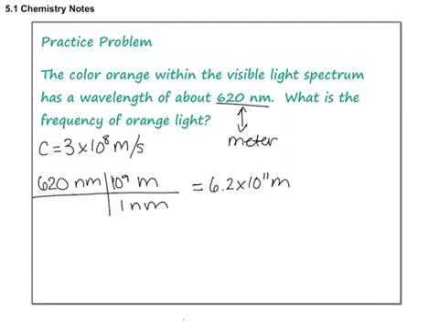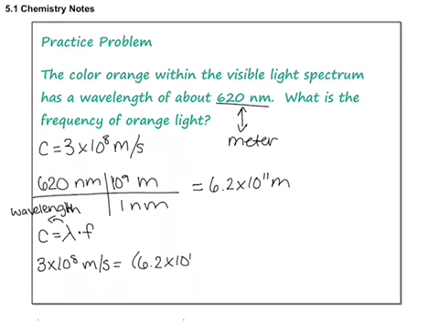Now that your wavelength is in meters, we can use the formula c equals wavelength times frequency. And if you remember from 9th grade, that lambda stands for wavelength. So we know the speed of light is 3 times 10 to the 8th meters per second. Our wavelength is 6.2 times 10 to the minus 7 meters, multiplied by frequency to find the frequency.